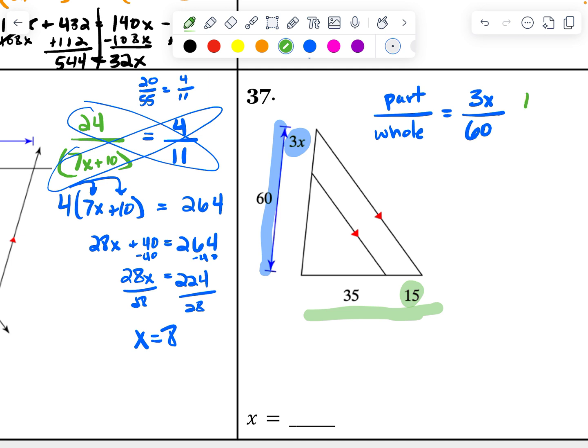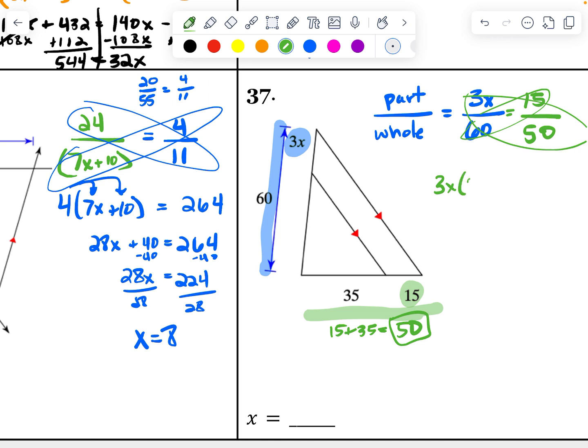So part is 15. Over the whole is going to be 15 plus 35, which is 50, right? Makes my life just a little bit simpler. Again, you could reduce. Go ahead and reduce if it helps you, if you want to. Don't if you don't. I won't do this one just so I can show you both.